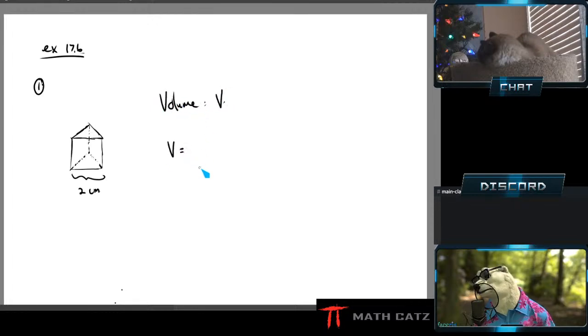V. Now I need the area of the base times the height. So the area of the base, my regular polygon formula, even for the triangle. Remember what that was? I hope we do.